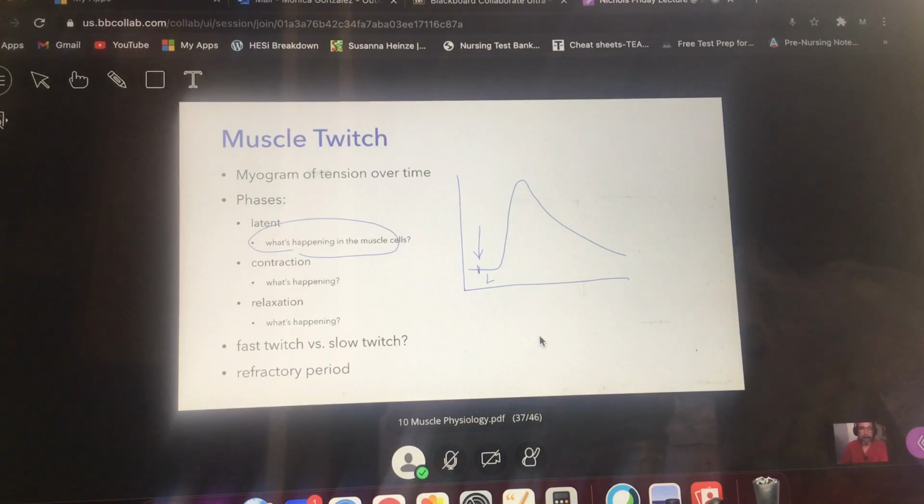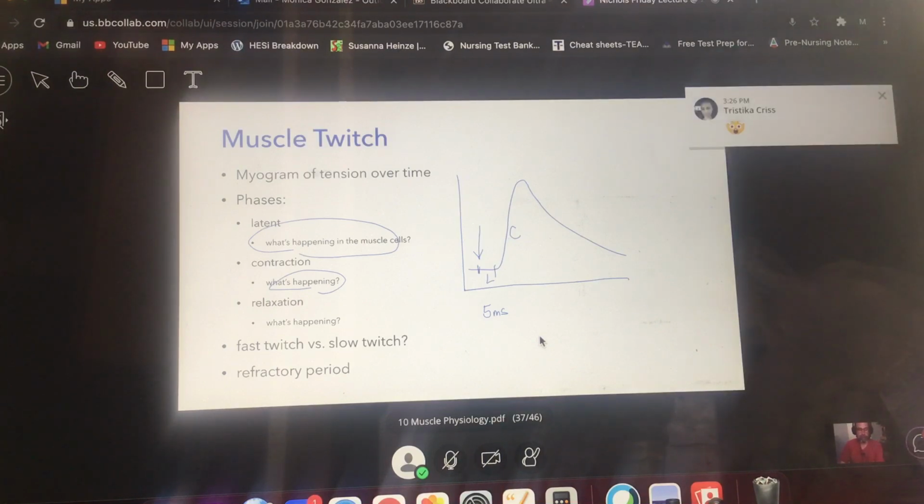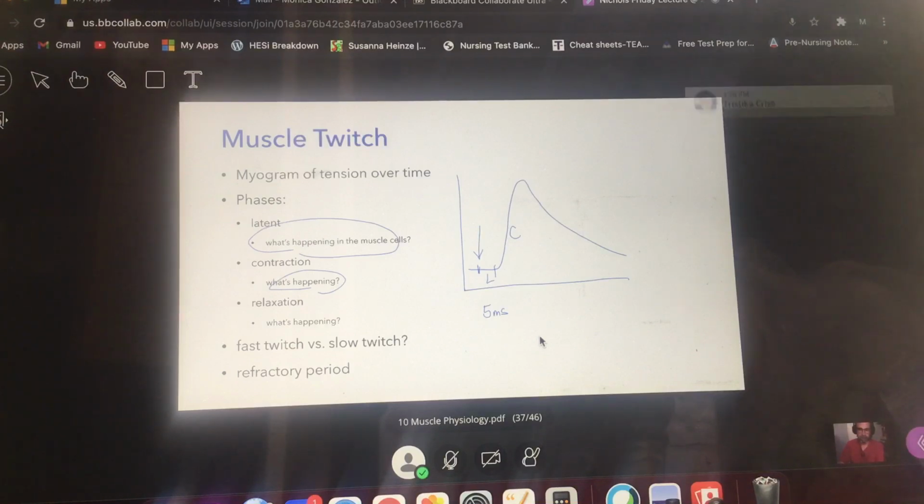Whew. I am surprised that it all can happen in 5/1000ths of a second. I'm stunned. But there is a latent period. That's what that is. During the contraction phase, what's happening is the power stroke. Myosin is attaching, pulling, letting go, resetting, attaching, pulling, letting go, reset.